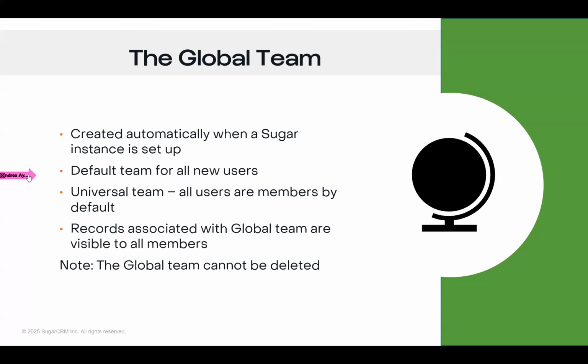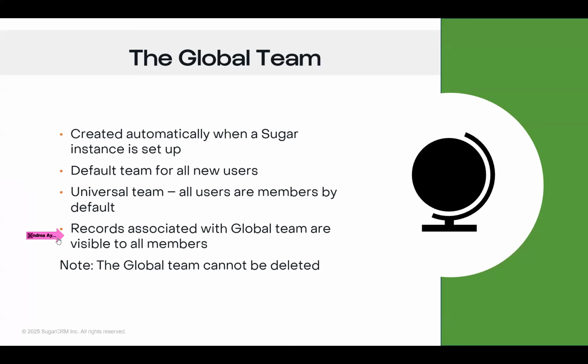If you need a record that is everybody but 4 people, then duplicate the global team and then take out the 4 people. Don't rename or remove people from the global team. All right. Let me make sure I didn't miss anything else. Okay, they're all the records that are assigned to this group, everybody can see it.